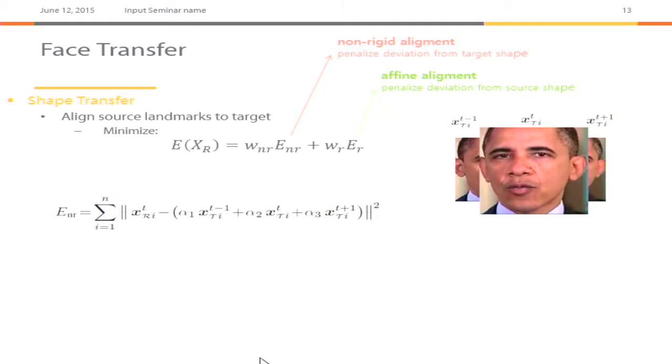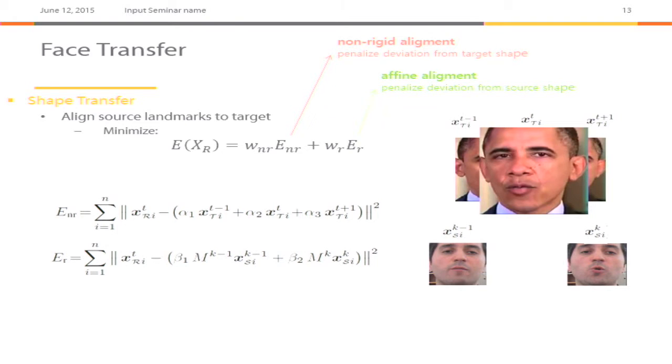First, the non-rigid alignment: basically they try to match, this is the new position. It has to be similar to the 3 consecutive frames. This is done for some temporal smoothness. The second one is basically that the new positions need to be similar to the best match for the current cluster and also to the previous best match.